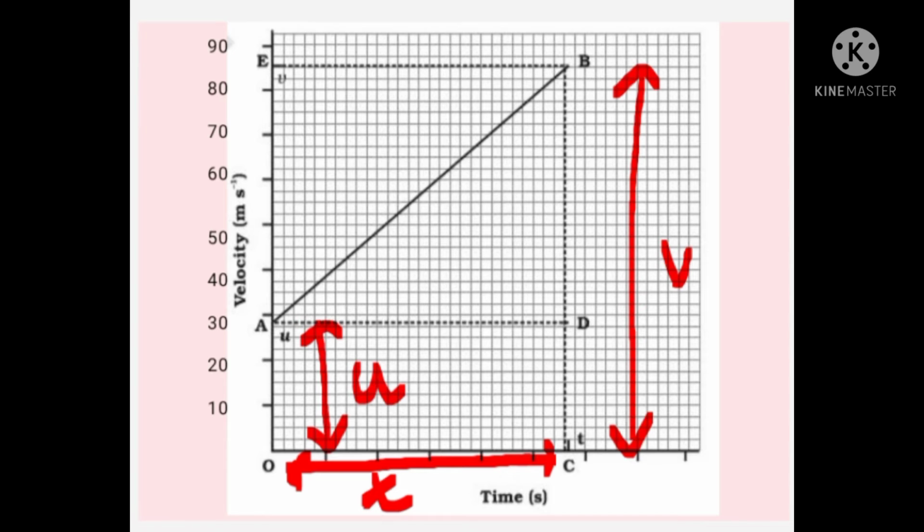So, what is the representation of v here? It is equal to BC and u is OA. So, we can substitute the value: BC minus OA, or BC minus CD because OA equals CD. Then from this graph, BC minus CD equals BD. You can observe this in our graph. So, BD is the change in velocity.